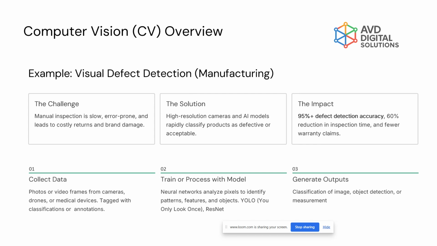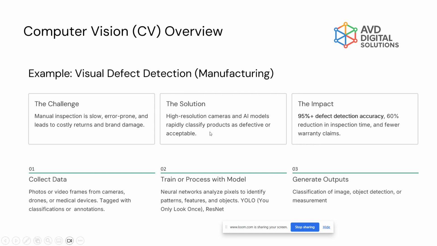The challenge here is that manual inspection is slow, at times error prone, and imagine a scenario where it has skipped such a detection and the part has eventually gone into a product's build. Then the company has to pay for the replacement cost, and that also results in brand damage. So this is the challenge with the manual ways of inspecting defects.